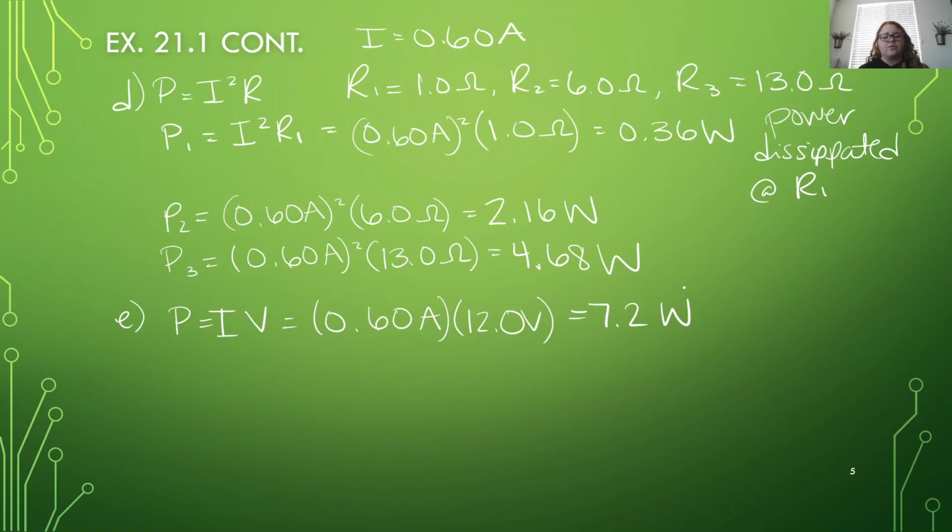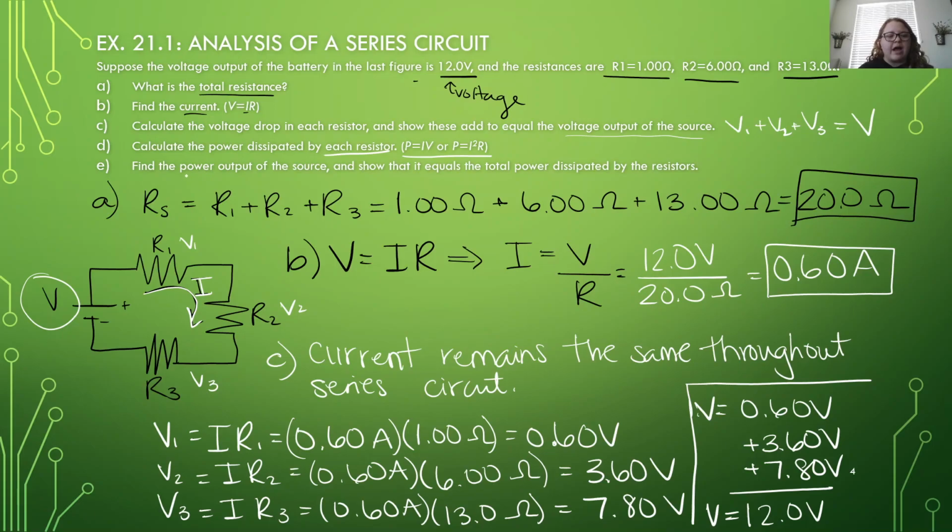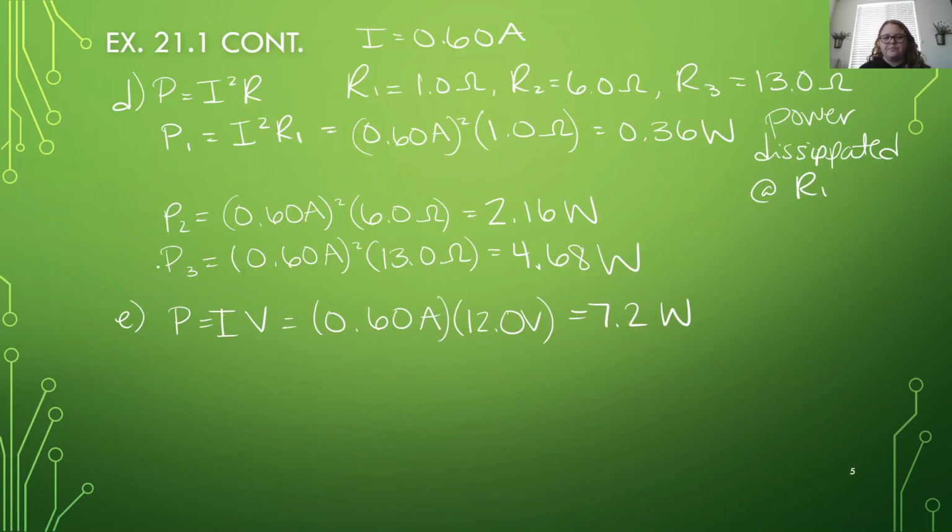And we're trying to show that this power is equal to the sum of each of these. Again, let's look at the wording. Find the power output of the source, which is what we just found, and show that it equals the total power dissipated by the resistors. So this is asking for the sum. So let's go ahead and do that. P is also going to be equal to P1 plus P2 plus P3.